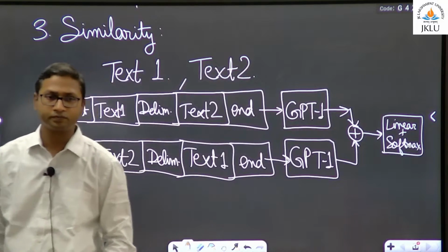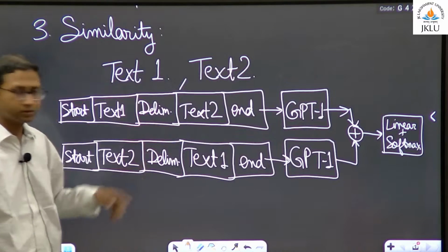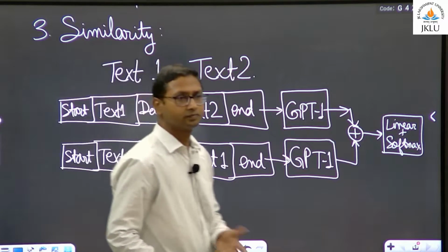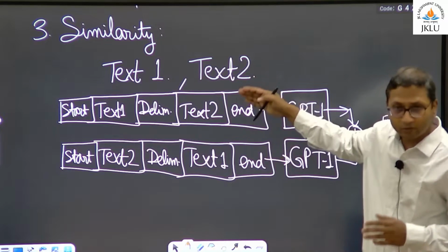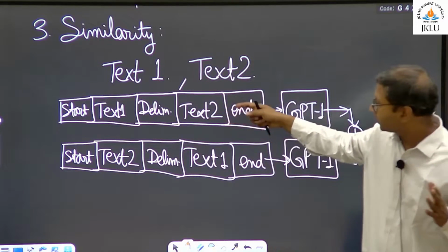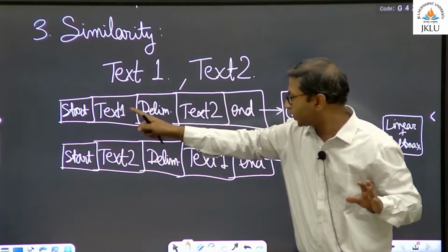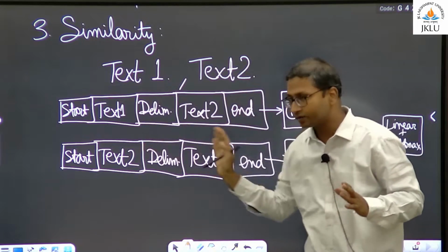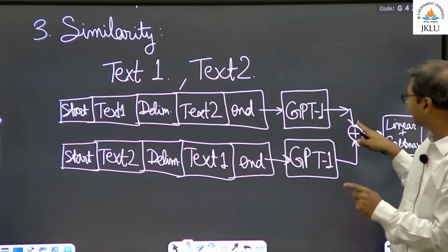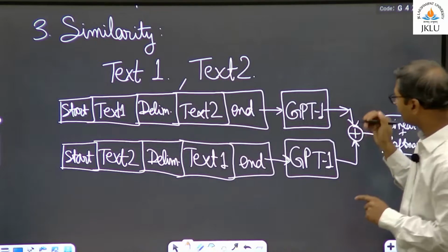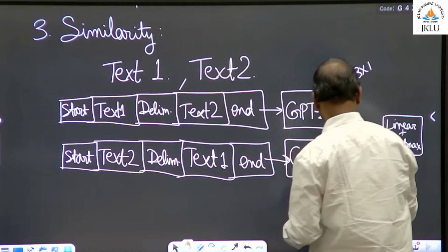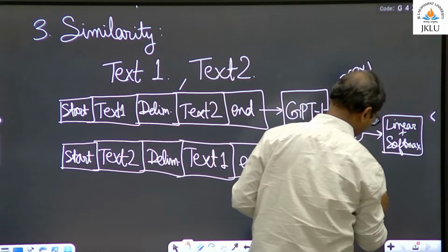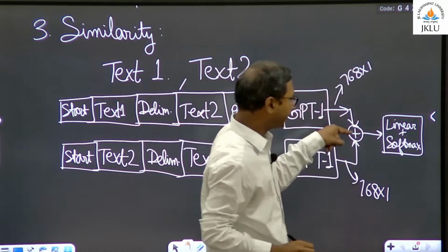Why so? Why this one? What are you trying to capture by having text 1 here and then text 2 and then reversing the order and then finally whatever comes out? So what will be the size of this guy? 768 cross 1. This will also be 768 cross 1. You add them.